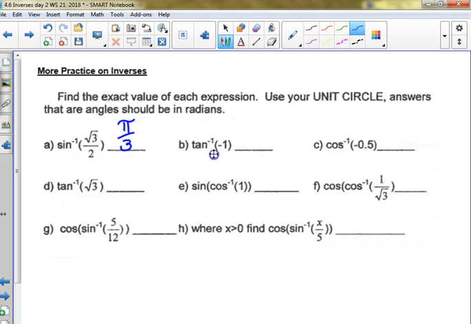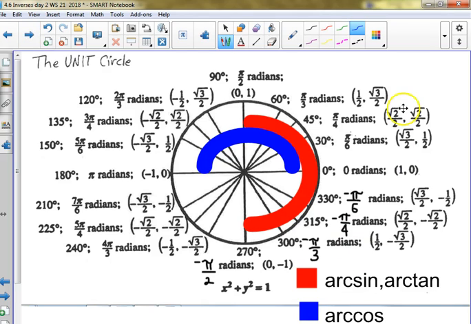Okay, arc tangent of -1. Remember, tangent is the one that is not on here. You have to try them, right? If arc tangent, I'm in the red quadrants. If it's negative, I must be down here, yes? And I can't call these like 7 pi over 4, 11 pi over 6. I got to call them by these negative names. This would have a tangent of -1 over square root of 3, which would rationalize. What would this one have a tangent of?